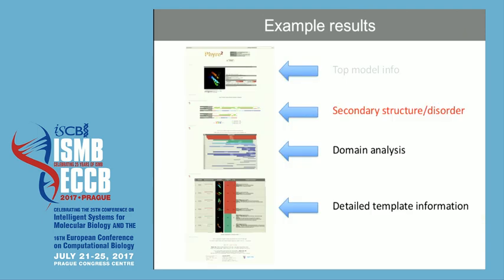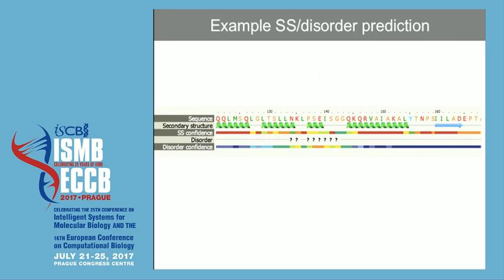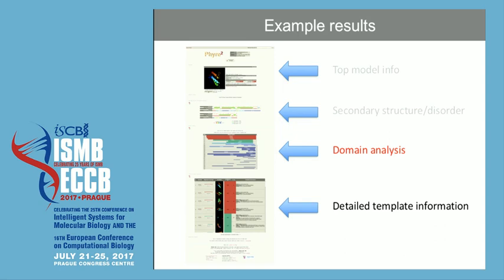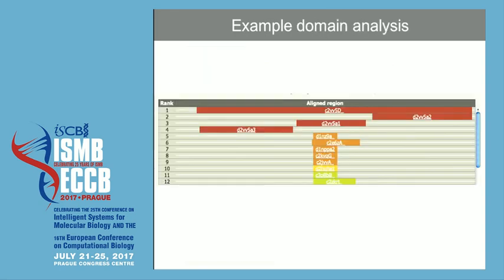Then you can drill down and you can get a prediction of secondary structure and potential disordered regions. Then you can drill down and, in fact, not the entire sequence might match, but you might get different coverages for different parts. So over here is your best match, but locally there can be some fragments of other domains that can match.